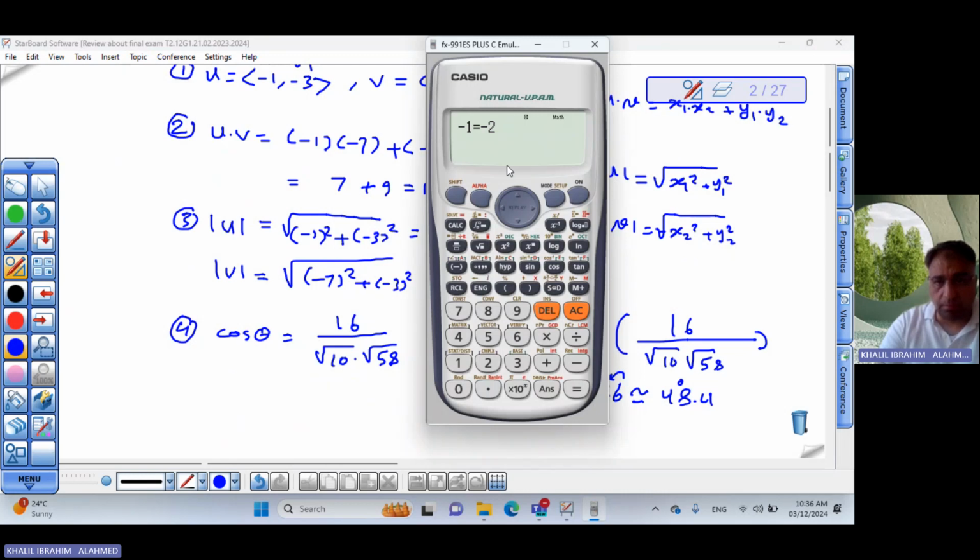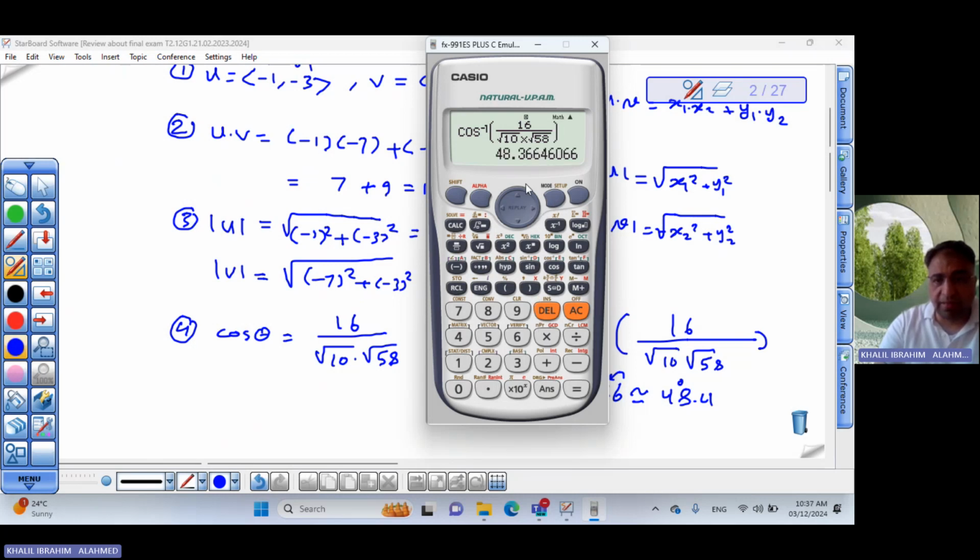Just press shift cosine, then fraction 16 over radical 10 times radical 58, then close the brackets.